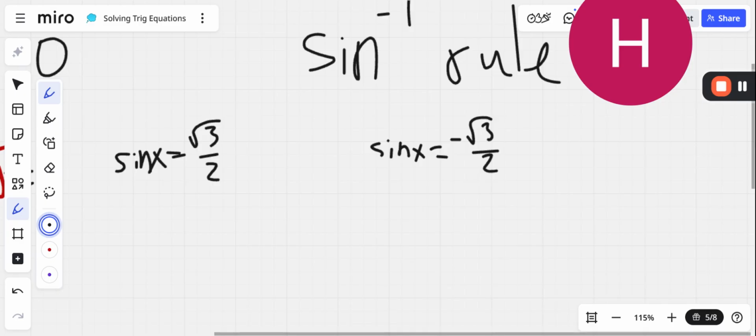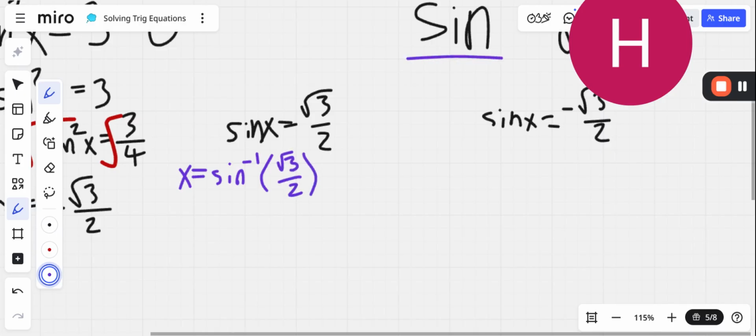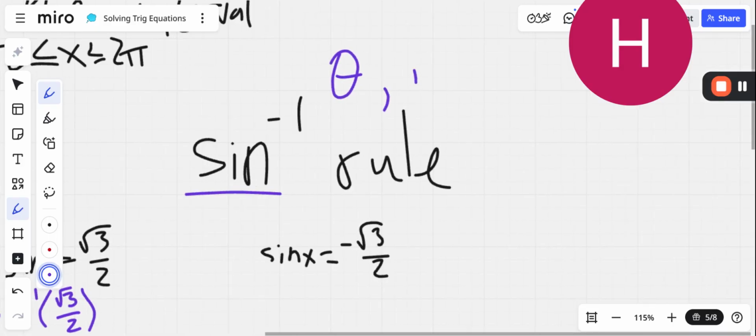The sine inverse rule comes into play. This is the second thing I wanted to mention. When we finally try to calculate the angle. So we say x equals the sine inverse of square root 3 over 2. But the sine inverse rule says that we take theta as an angle, and we also take pi minus theta as an angle.